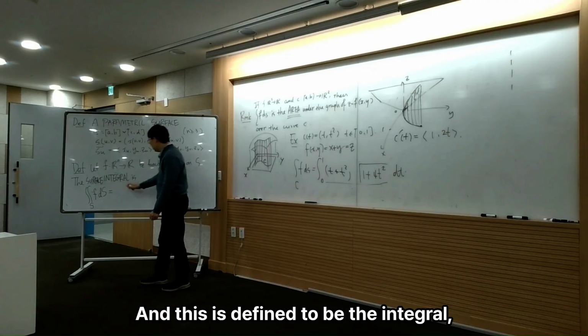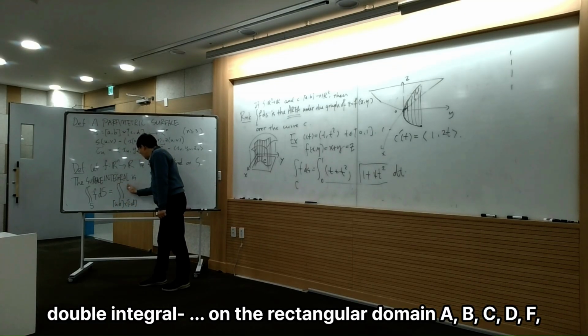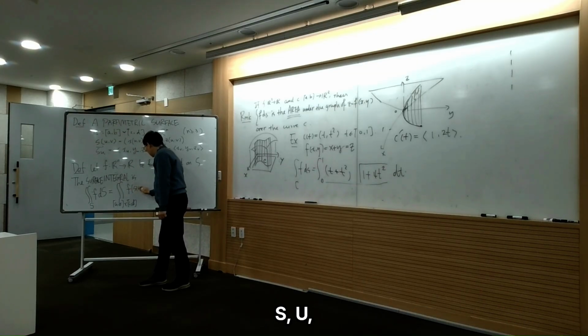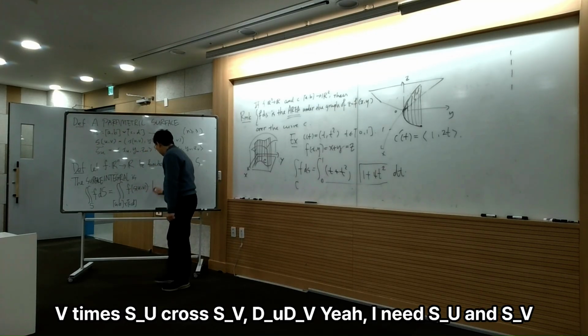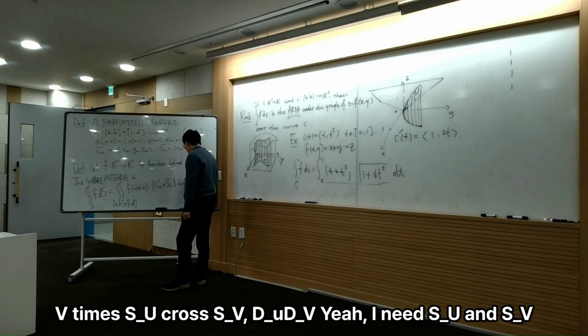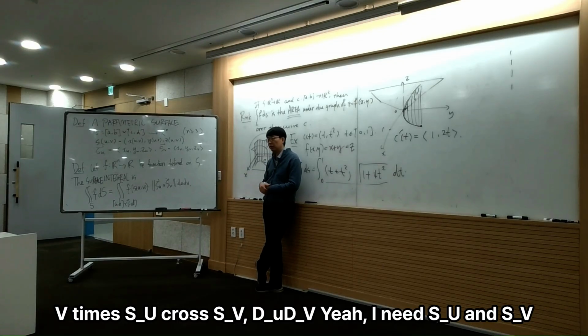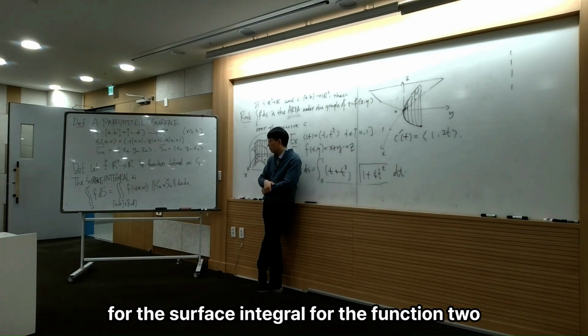This is defined to be the double integral on the rectangular domain [a,b]×[c,d] of F(S(u,v)) times the norm of S_u cross S_v, du dv. Yes, I need S_u and S_v for the surface integral of the function too.